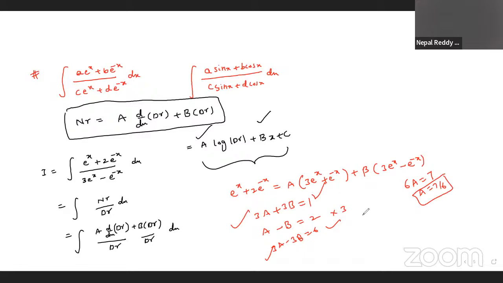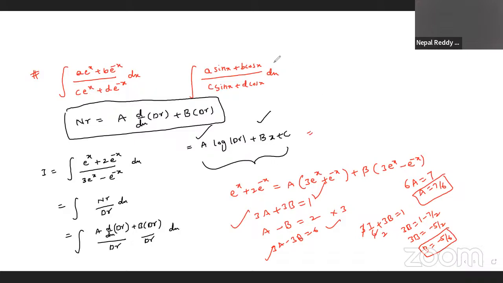Next, when the value of a is 7 by 6, 3 into 7 by 6 plus 3 into b equal to 1. 3 ones are 3, 3 twos are 6. So 3b becomes 1 minus 7 by 2. 3b is minus 5 by 2. Therefore, the value of b equals minus 5 by 6.